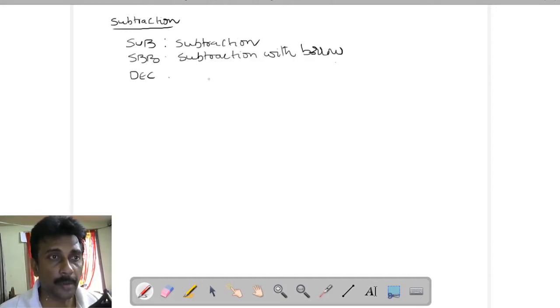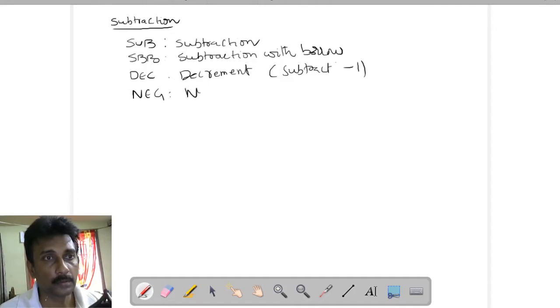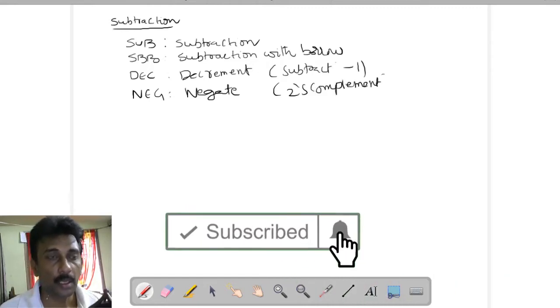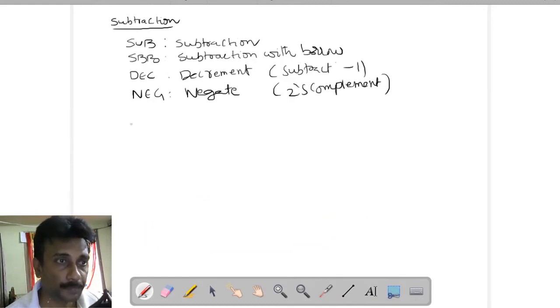Next is decrement, which only subtracts 1. Then the negate instruction, used to represent the 2's complement form of binary numbers. Let us go through them one by one.